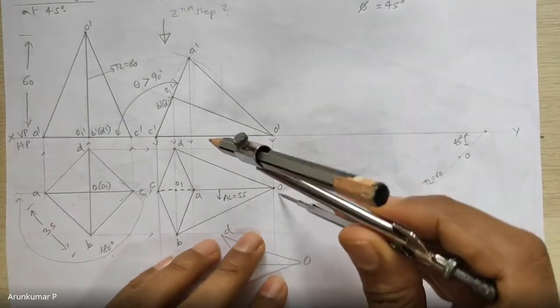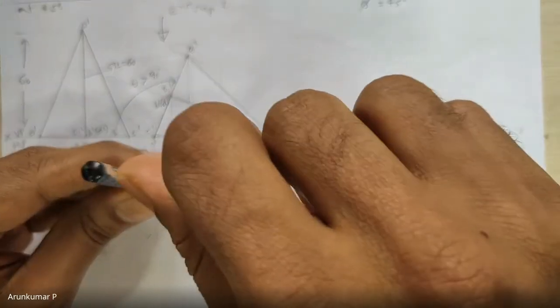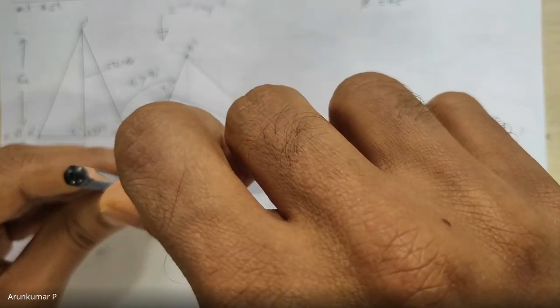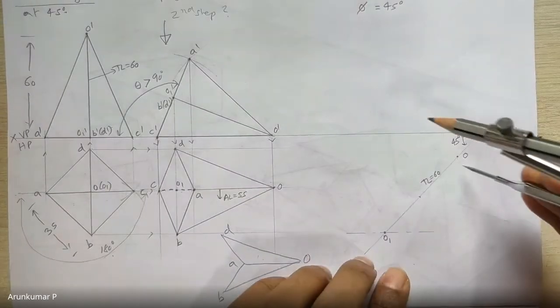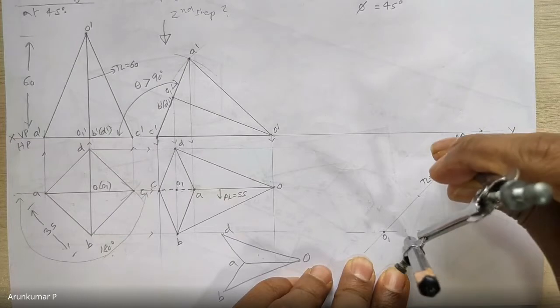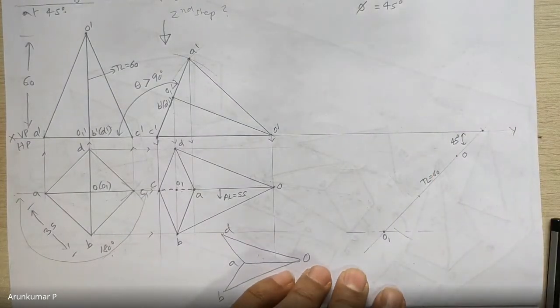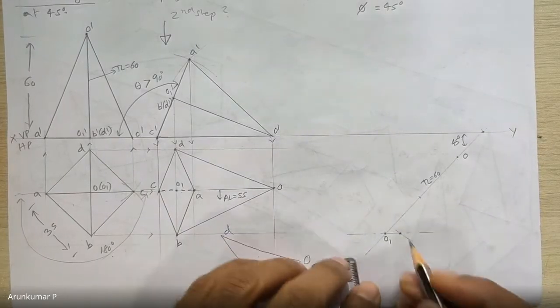Now I'm going to use the rounder. Measure this 55 mm, the apparent length, and then with O as center, radius equal to 55 mm, I will cut this locus line. So it's going to cut here. If you join, you can name this.